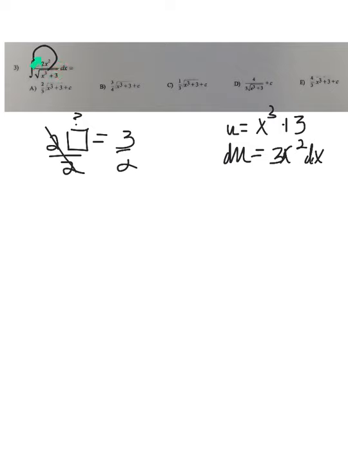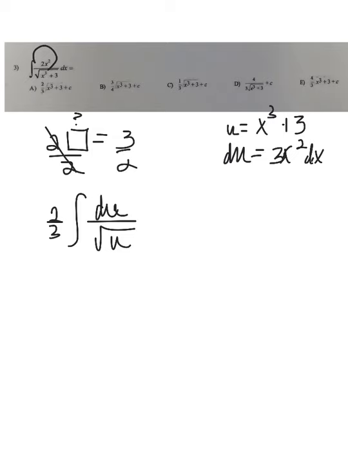If I need a 3/2 here, that means I need a 2/3 here, correct? Okay, so then I'm going to do 2/3 times the integral, and then we're going to have du over the square root of u.